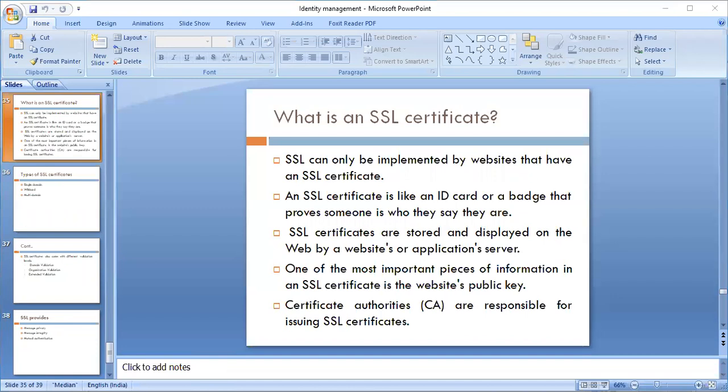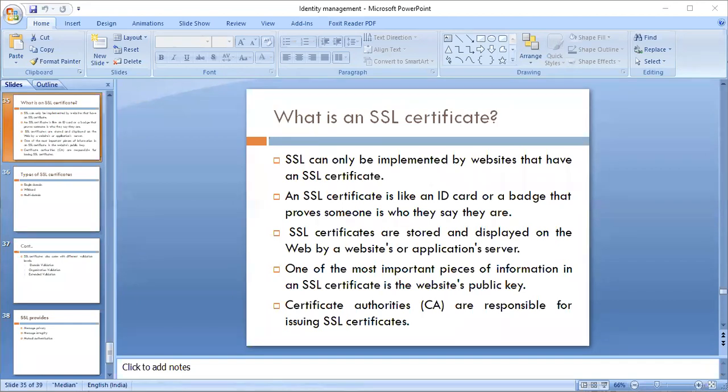Moving on to next. What actually is an SSL certificate? An SSL certificate can only be implemented by websites that have one, and we can also call them TLS certificates nowadays, as we are usually working with TLS.